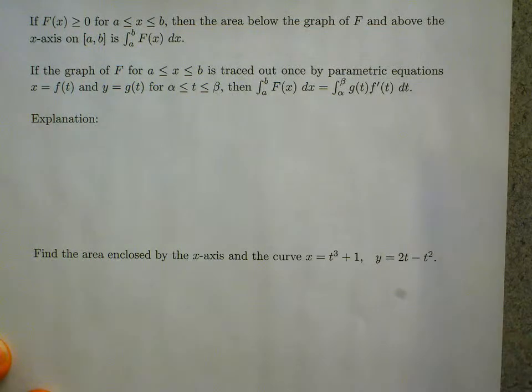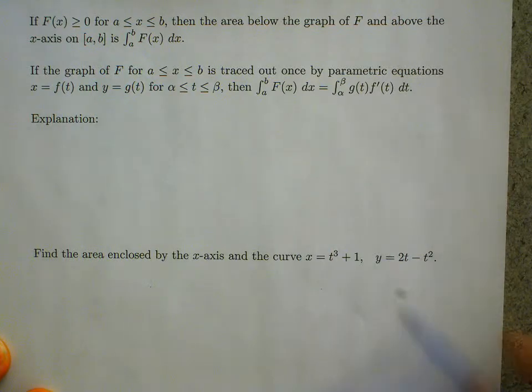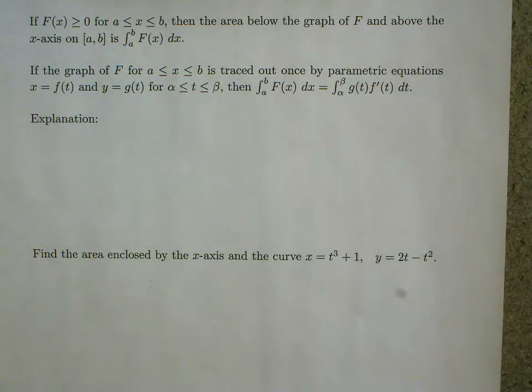So I'll just give a basic explanation. You can also do a more in-depth explanation if you look at how we came up with the definite integral in the first place, by partitioning the interval from a to b into subintervals and constructing rectangles and using areas of rectangles.